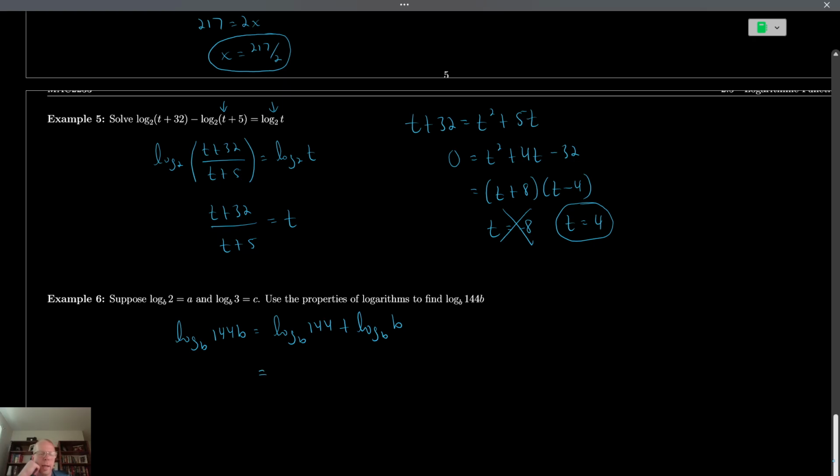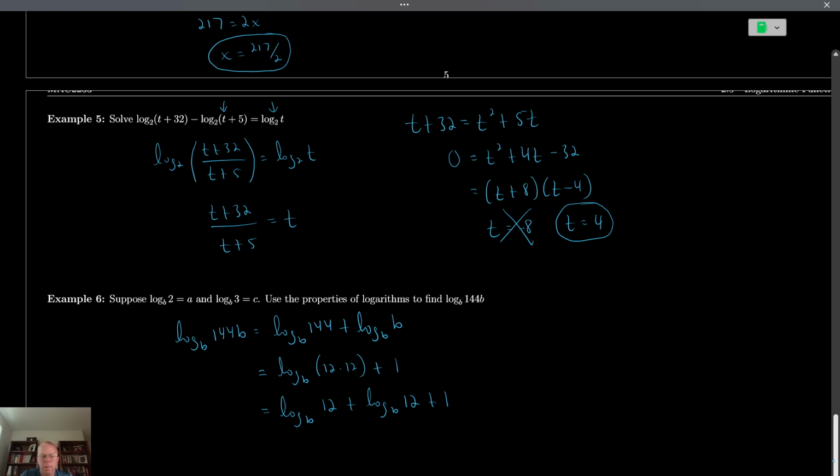Now, let's write 144 in terms of 2 and 3. So 144 is 12 times 12. I'm going to write a plus 1 for this one. Log b, we can separate these: log b of 12 plus log b of 12 plus 1.